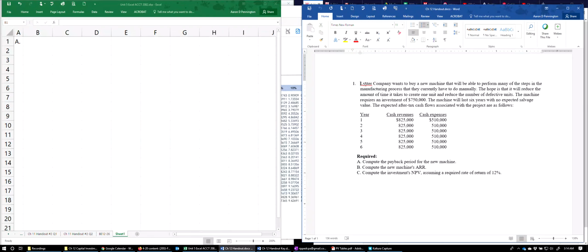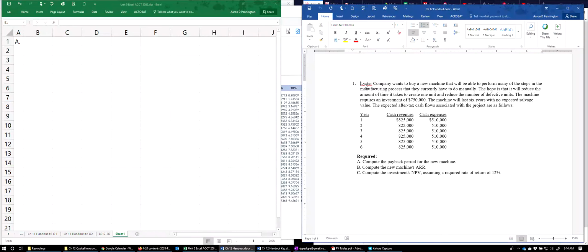The hope is that it will reduce the amount of time it takes to create one unit and reduce the number of defective units. The machine requires an investment of $750,000. The machine will last 6 years with no expected salvage value. The expected after-tax cash flows from the project are as follows.